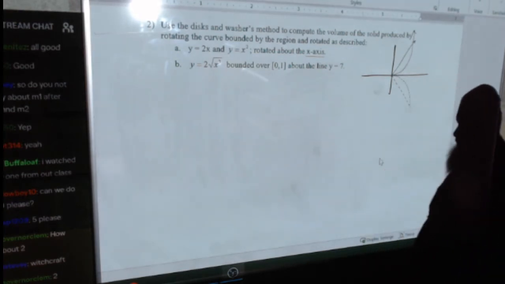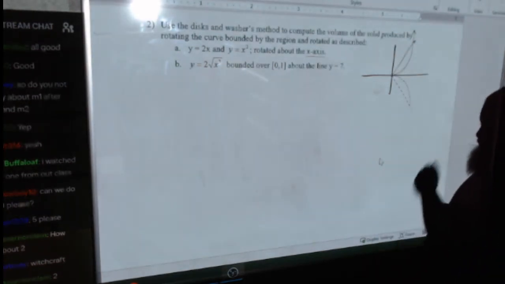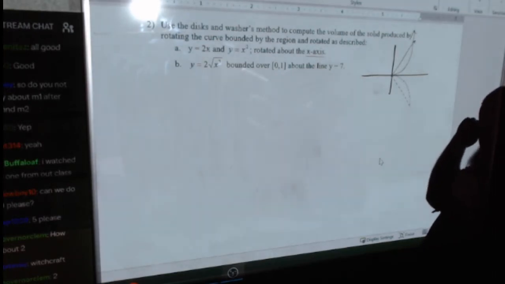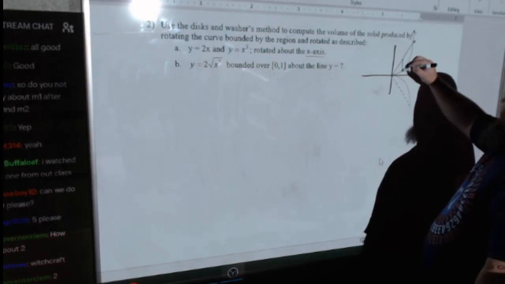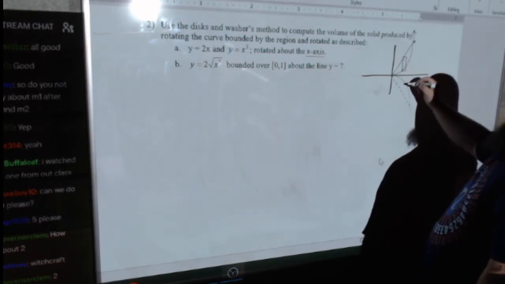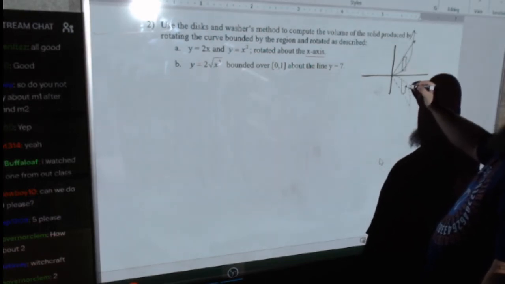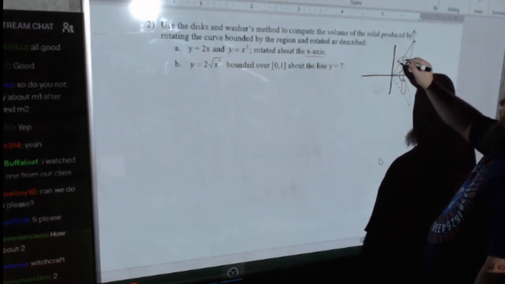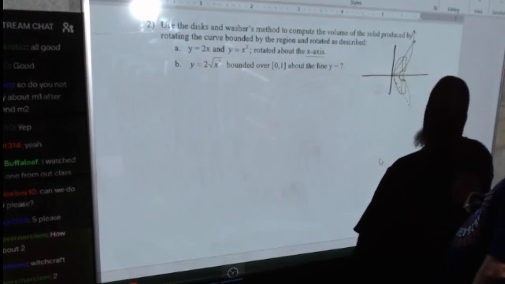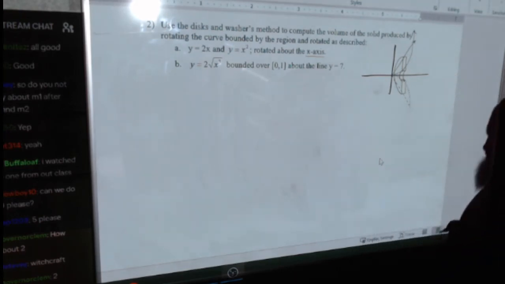So then we have that. I'm going to cut a little slice here. Cut the same slice down here. Connect them. So it appears that this is going to be a washer because there is a hole in the middle.